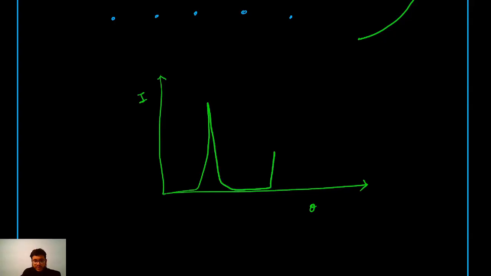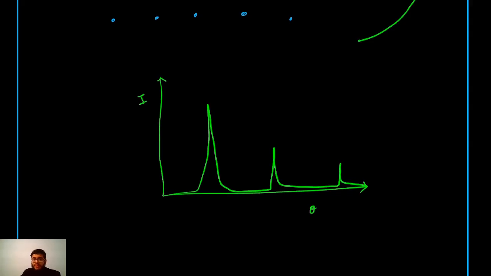We have an I versus theta graph, where we just have some peaks at certain thetas, and there is some information in which thetas you get the peaks.